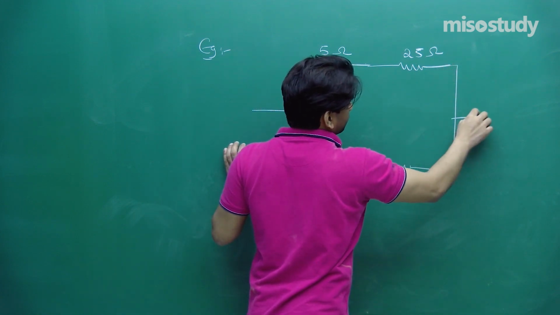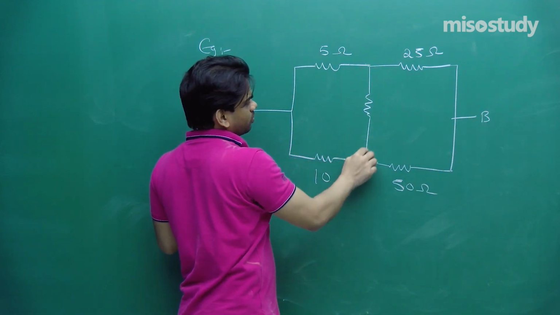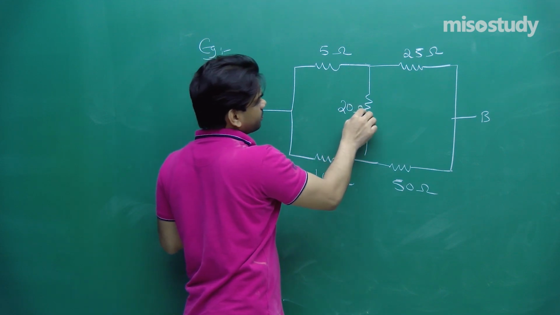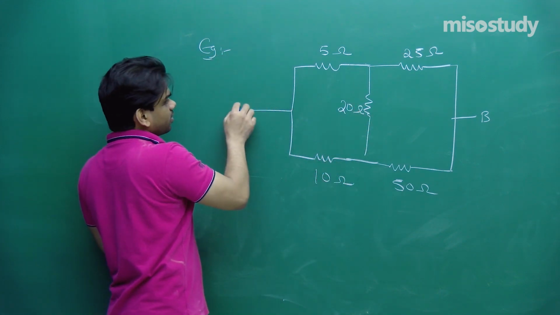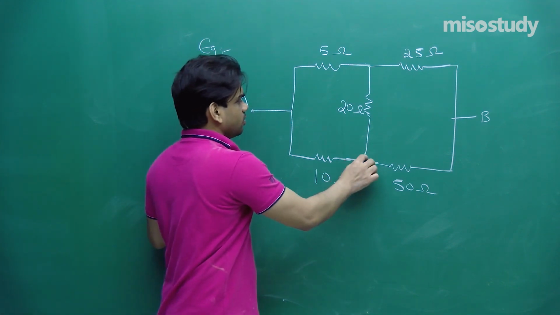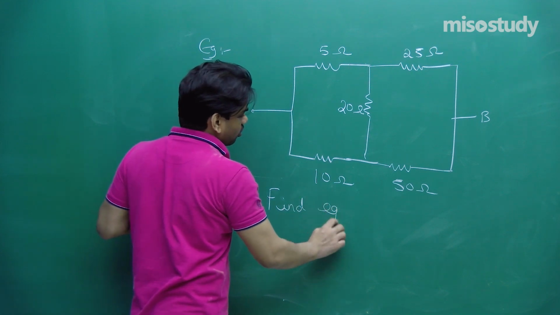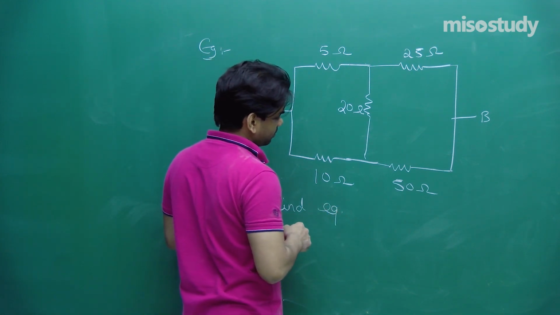This is connected, and let's say we have one more resistance of 20 ohm over here. This is what has been given. We have to find out the equivalent resistance of this combination.